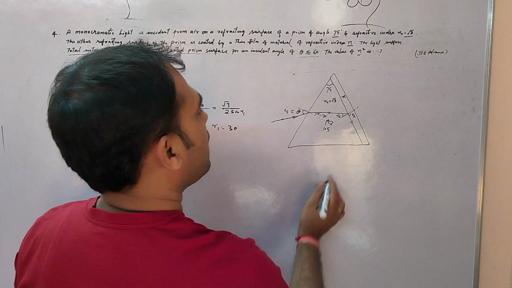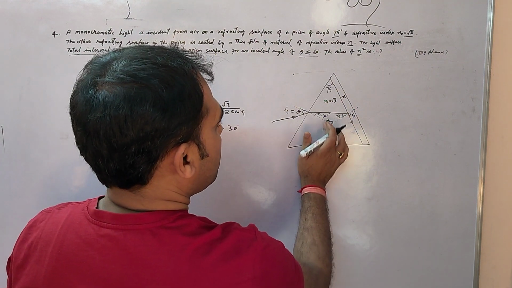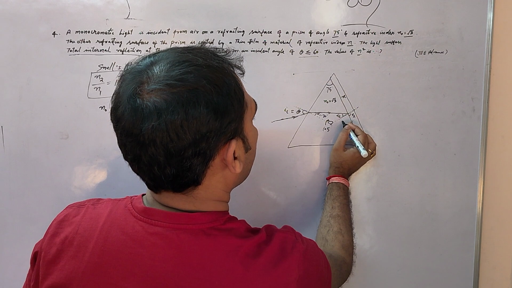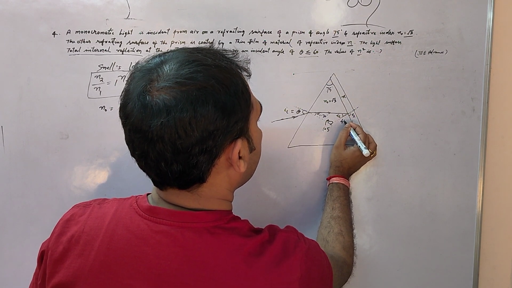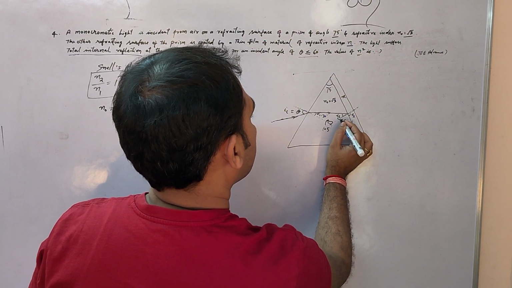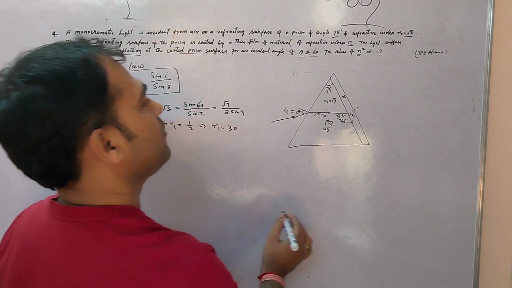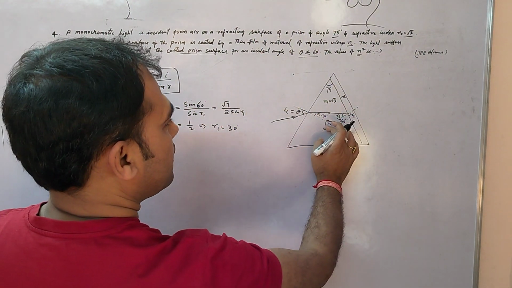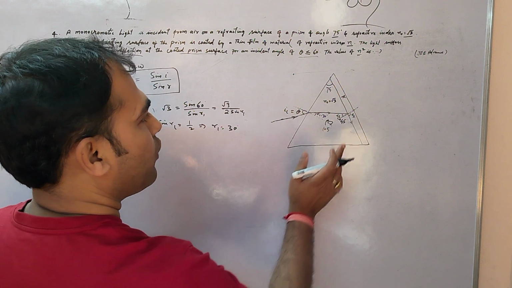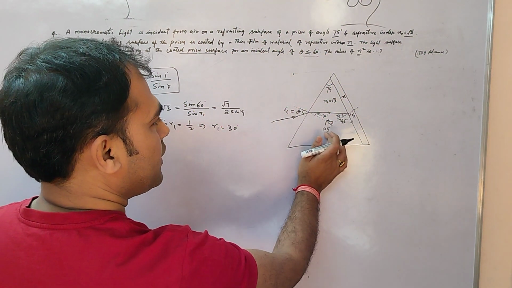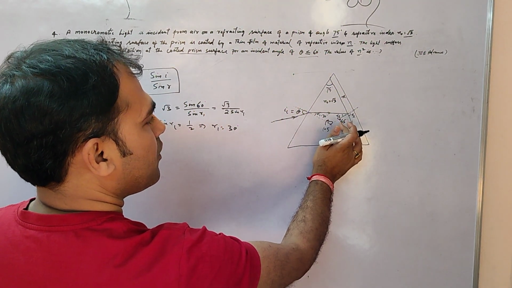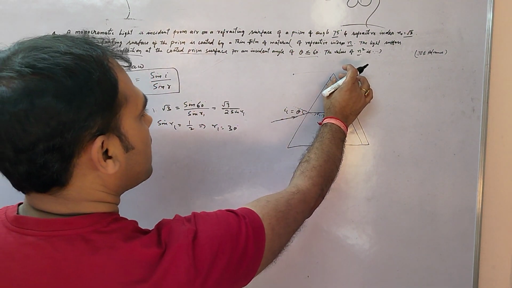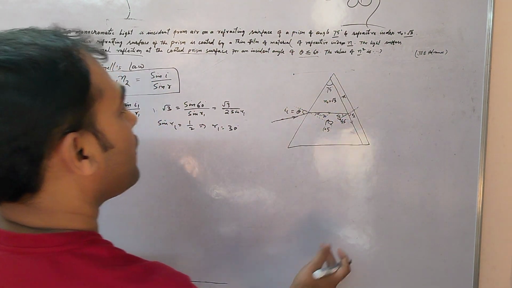This is 105, this is 30, so i2 will be equal to 45 degree, as the sum of this triangle will be 180 degree: 105, 30, 45.